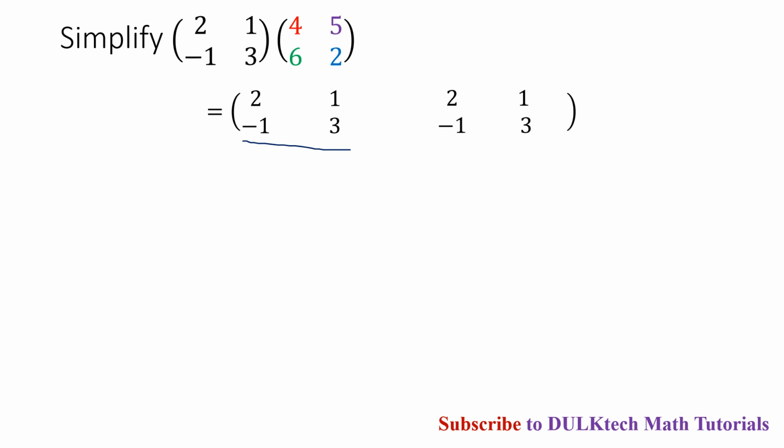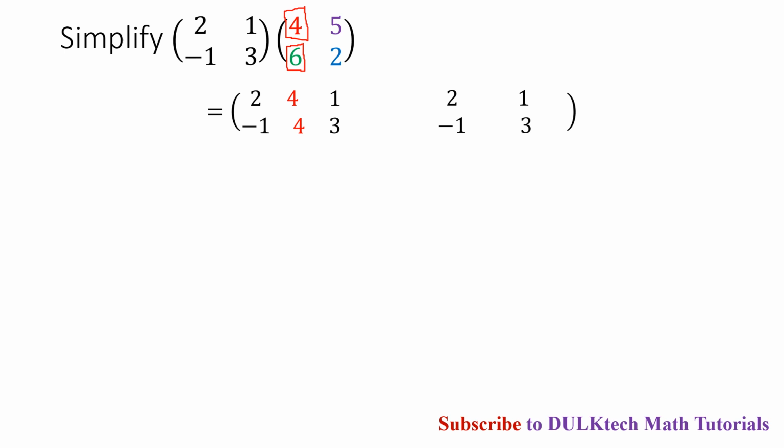From there, we are now taking the entries in the second matrix. We have this red 4. We are going to write that red 4 here as well as here. Then I'm taking the entries in the first column of the second matrix.